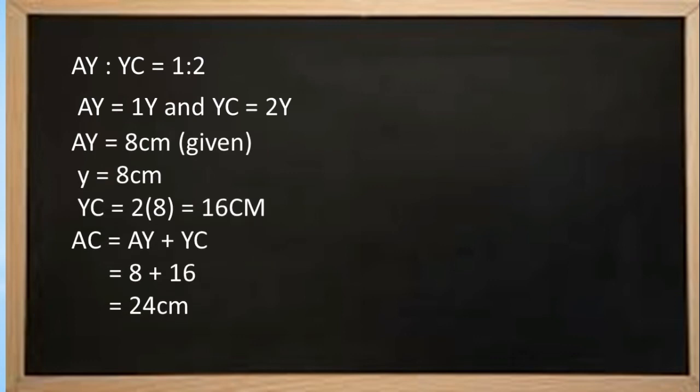In the question, AY is given as 8 centimeters. AY is nothing but y, that is equal to 8 centimeters. Then YC will be equal to 2y, that is equal to 16 centimeters. Hence, the length of AC is AY plus YC, which is equal to 8 plus 16, that is equal to 24 centimeters. So this is a very simple concept, children.